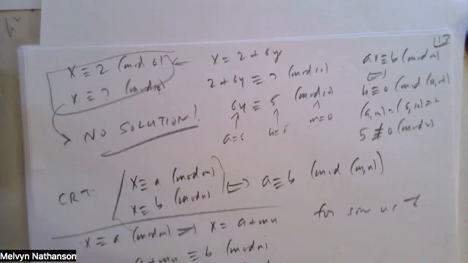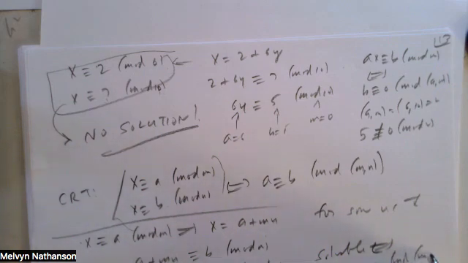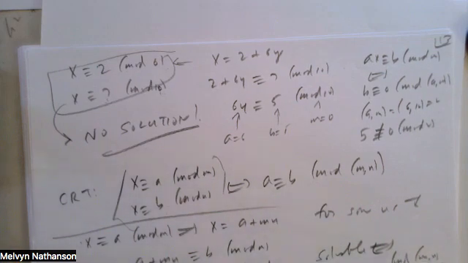And now this is a linear congruence. This is a congruence in one variable, u, and this is solvable if and only if b minus a is congruent to 0 modulo the greatest common divisor of m and n, which is the same as a congruent to b modulo the greatest common divisor of m and n.